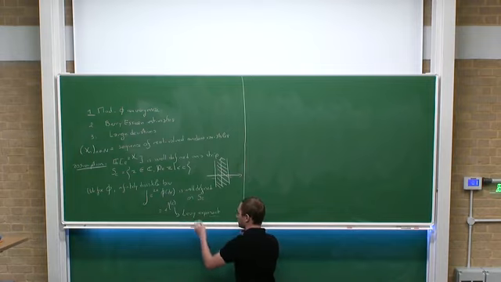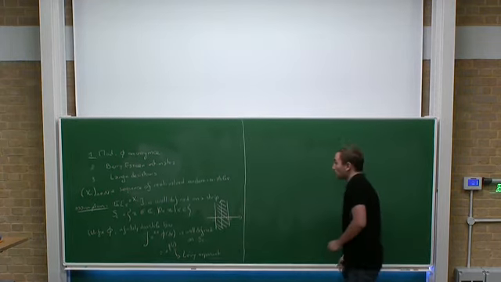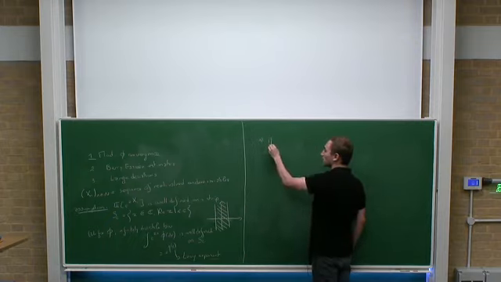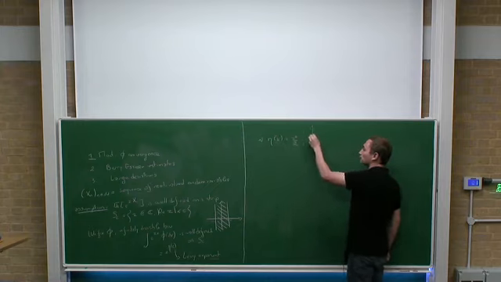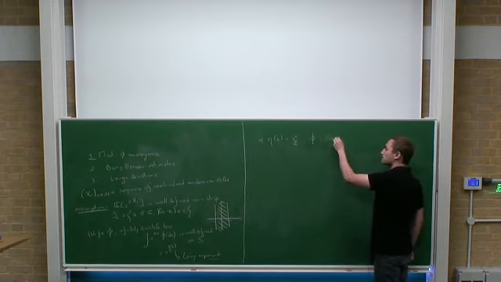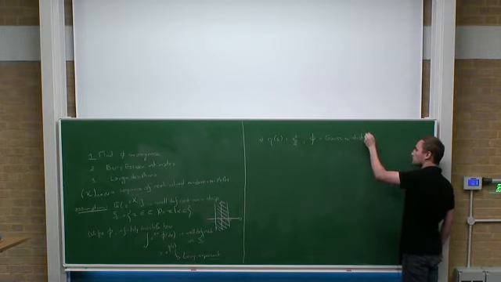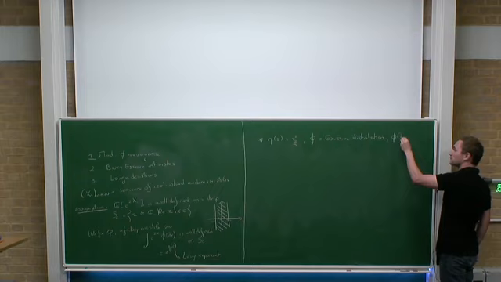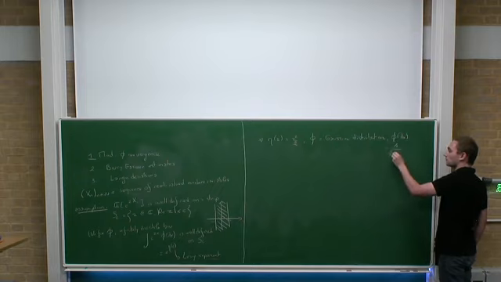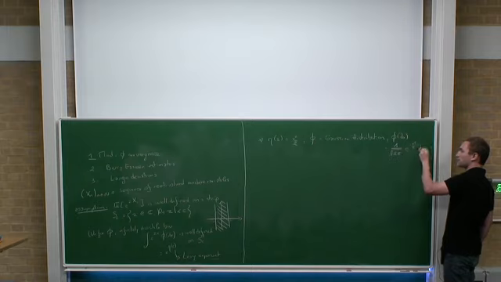Maybe I should give 2 examples. These are the 2 most important examples of infinitely divisible laws. One of them is continuous. If you take eta of z equal to z squared over 2, then phi is a Gaussian law, and it has a density given by the Gaussian: phi of dx is 1 over square root of 2 pi exponential minus x squared over 2 dx.